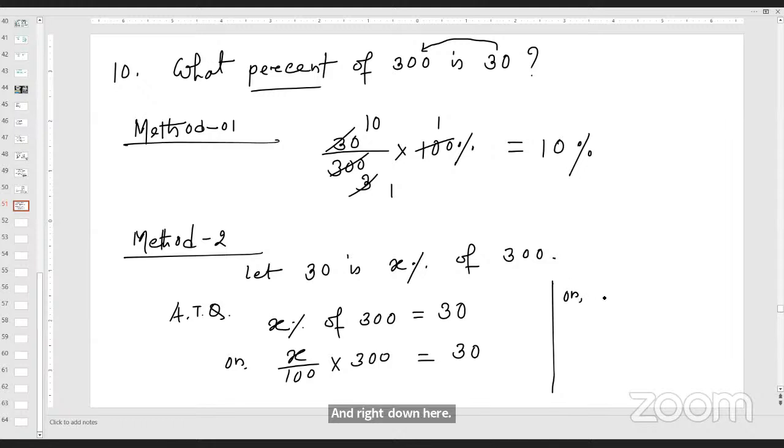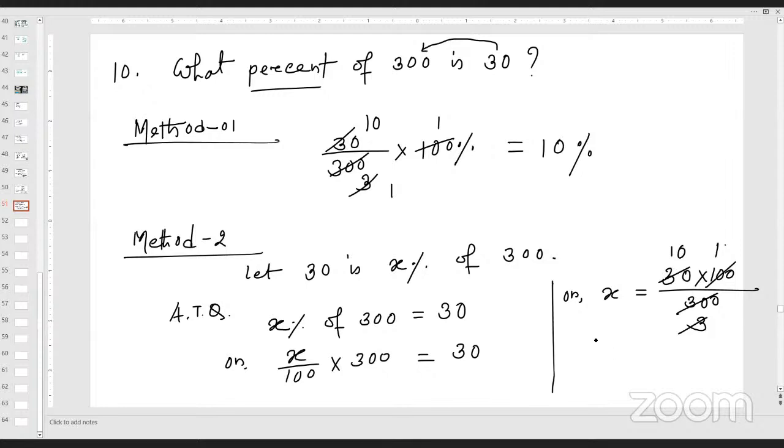Therefore, we can write down x is equal to 30 multiplied by 100 over 300, so the value of x is 10. Therefore, the answer we can write down is 10.